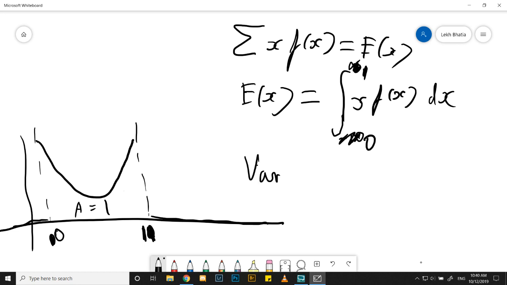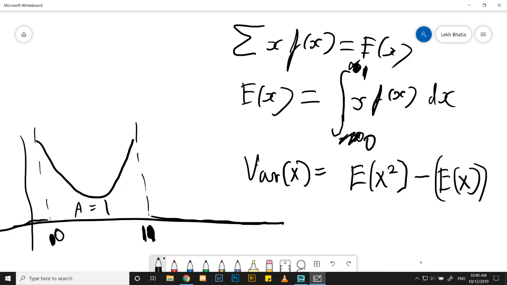So the variance of x is equal to the expected value of x squared minus the expected value of x, squared. Now the distinction between these two is that what you do over here is you take x squared for each f of x, you correspond it to the x squared.